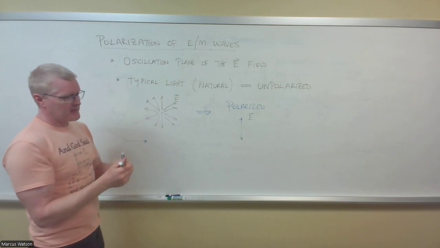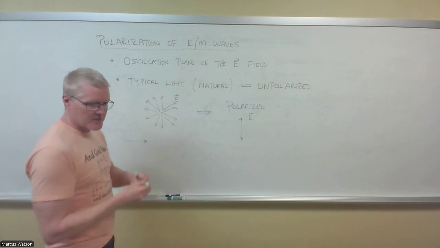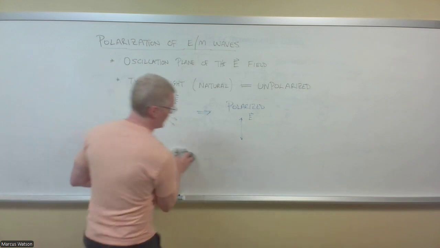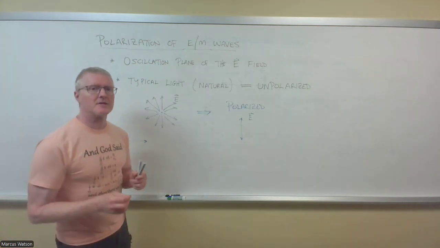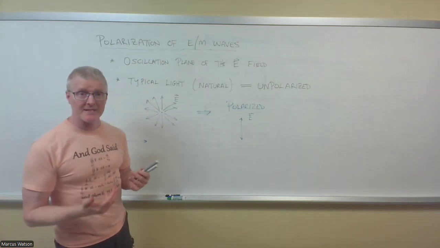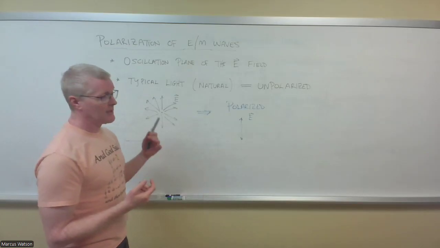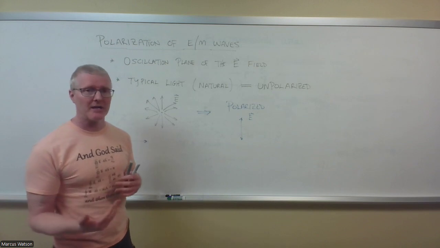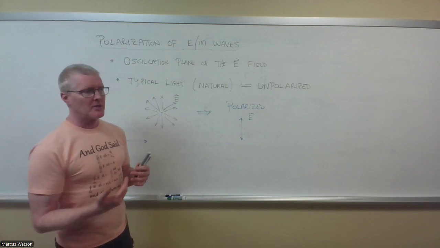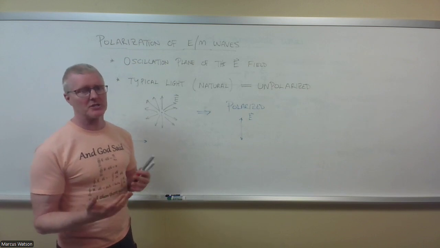This is an interesting thing because there are some interesting consequences that happen when we make a material or find an interaction in which some of the light is absorbed because its polarization doesn't match.